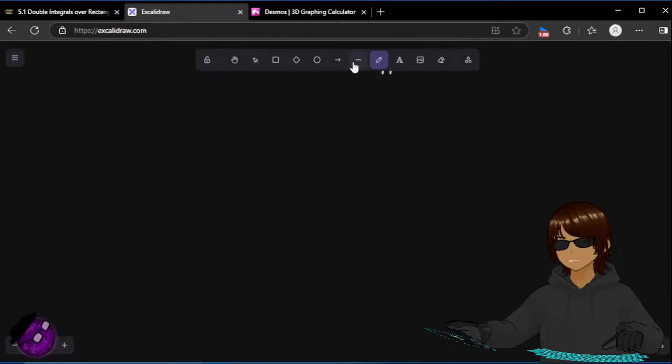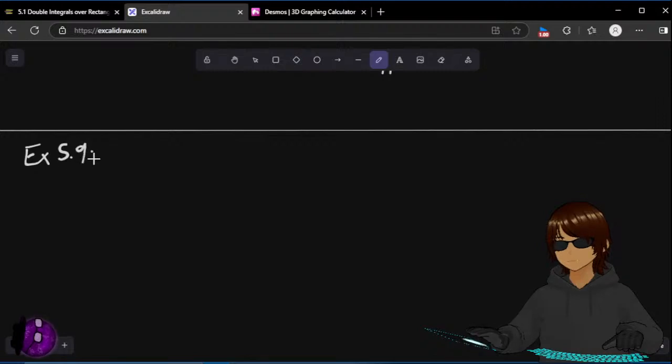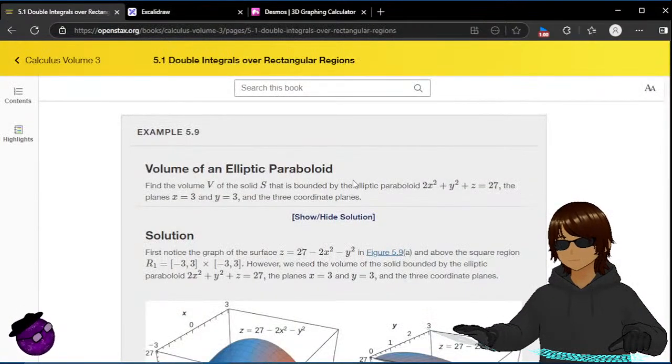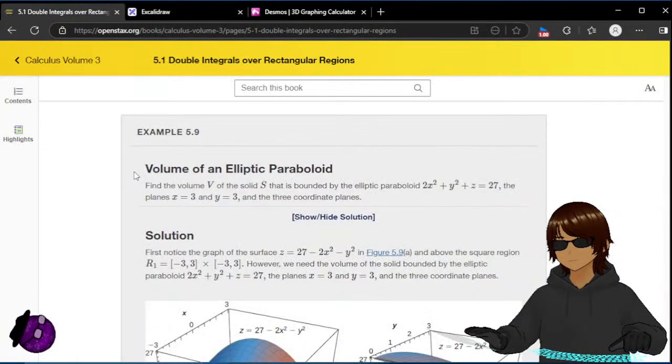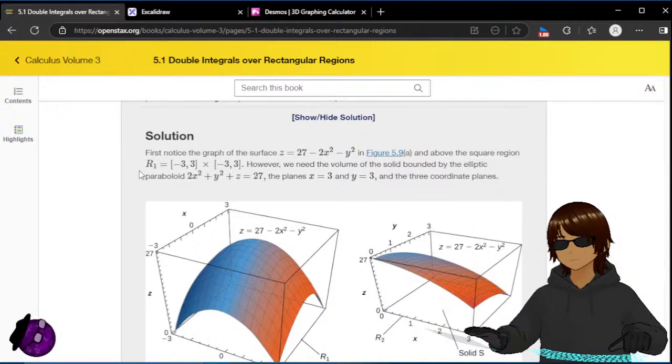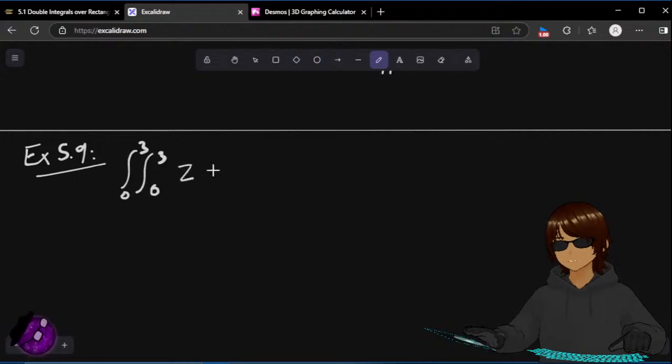So if that's the case, example 5.9, we have between 0 to 3, 0 to 3, the x region, y region.